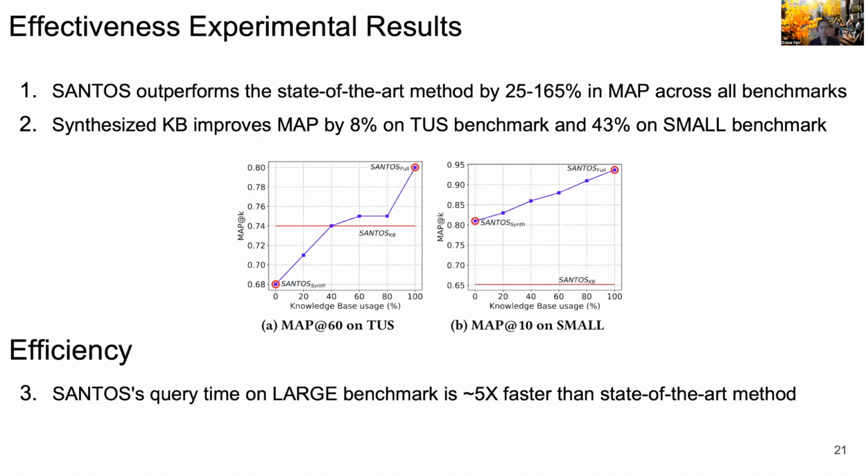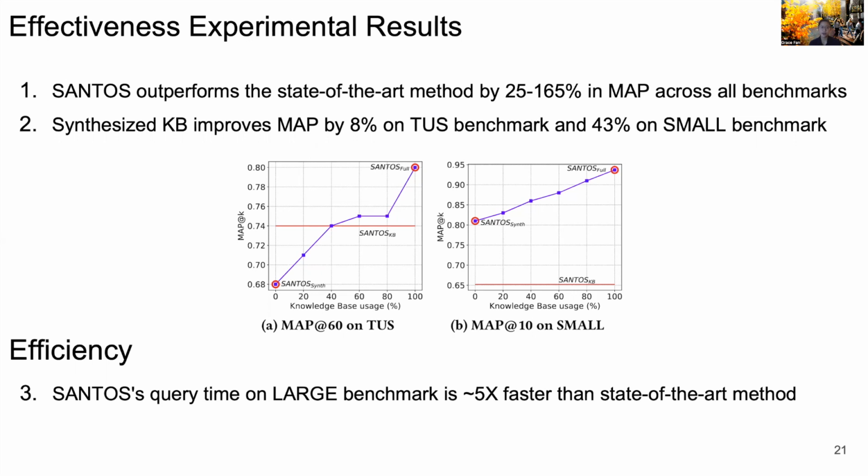For effectiveness, we find that SANTOS outperforms the state-of-the-art method, the column-based approach D3L, by 25% in mean average precision on the existing TUS benchmark, by 78% on the SANTOS Small benchmark, and 165% on SANTOS Large. This shows that relationship semantics are needed in addition to column semantics.